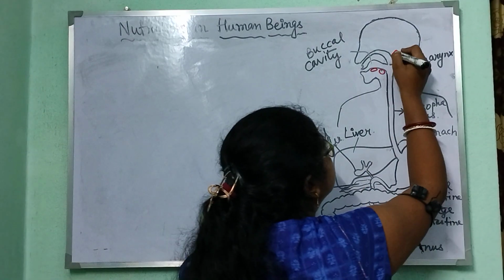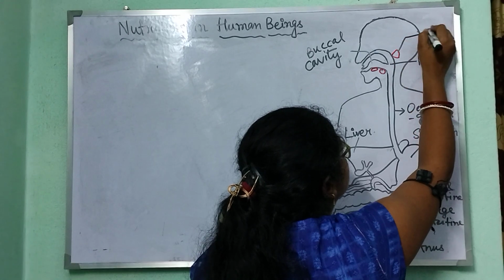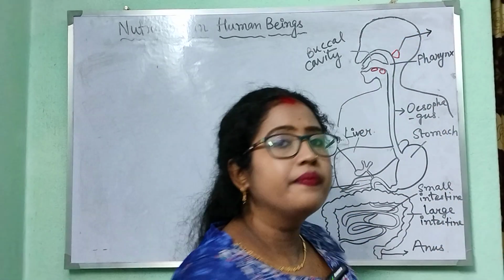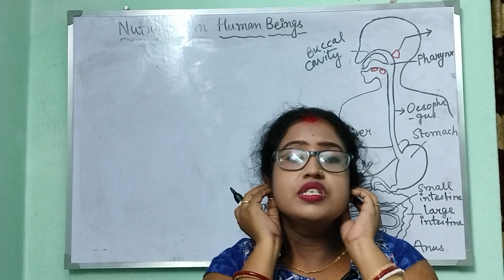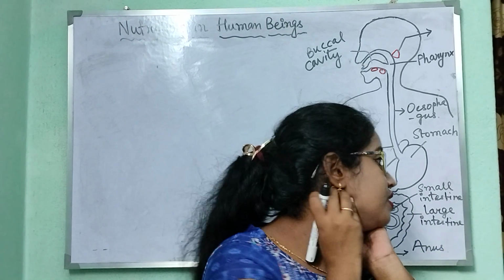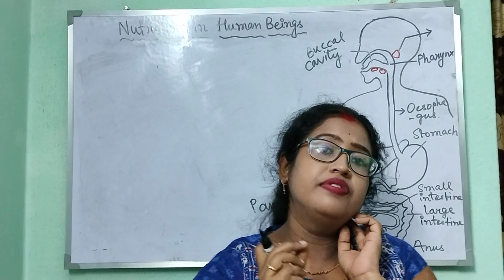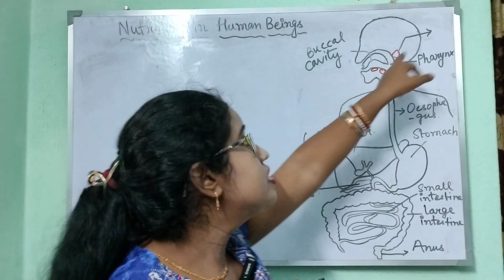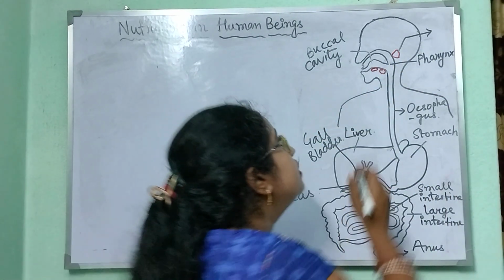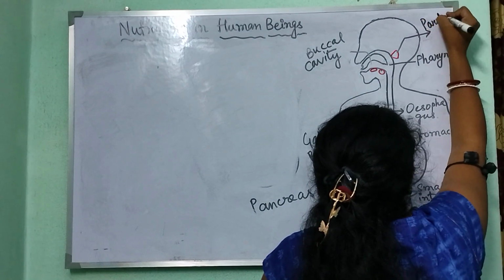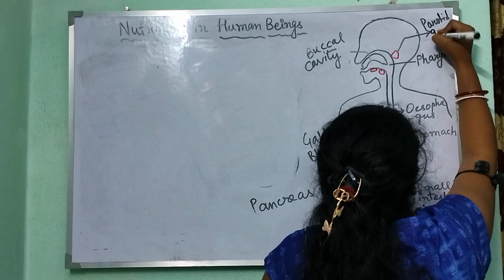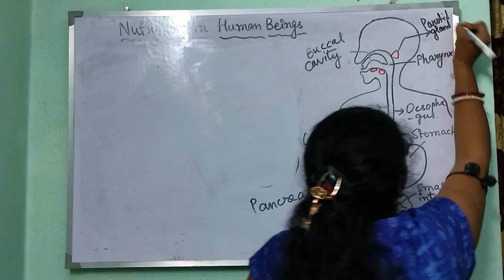The first one is this one. It is situated just beneath our ears. So just beneath our ears, in this portion, we have our first salivary gland. So this is known as parotid gland. Okay.